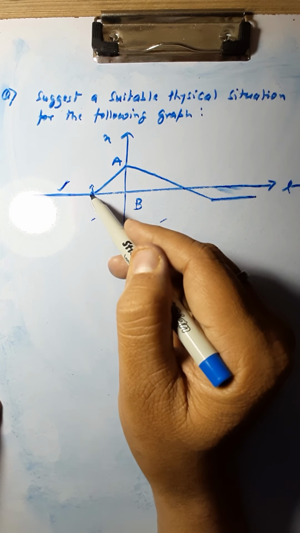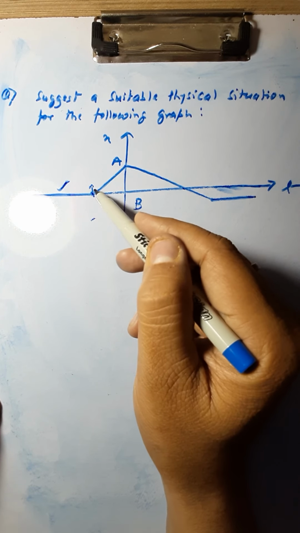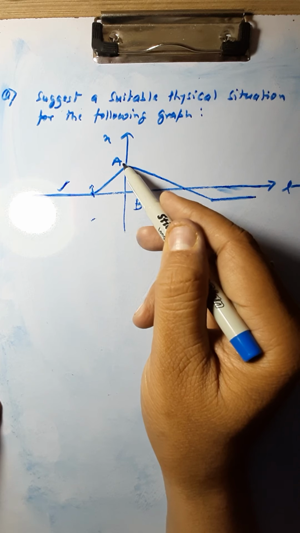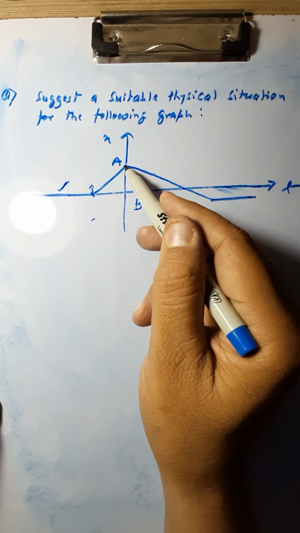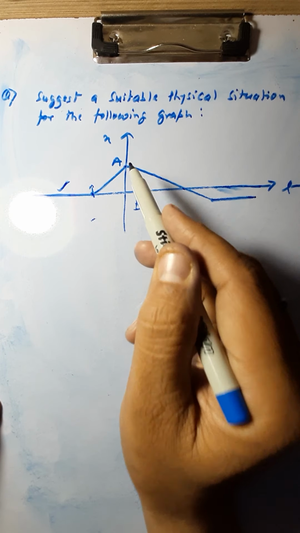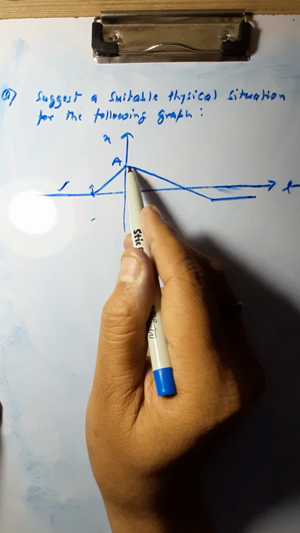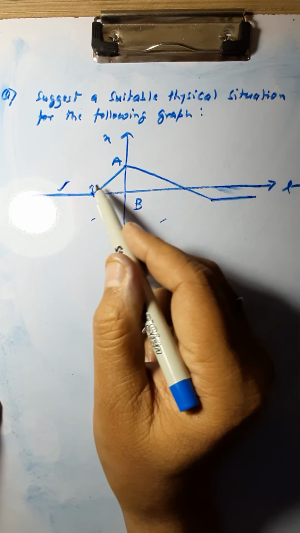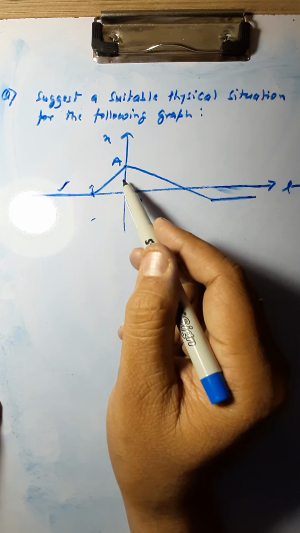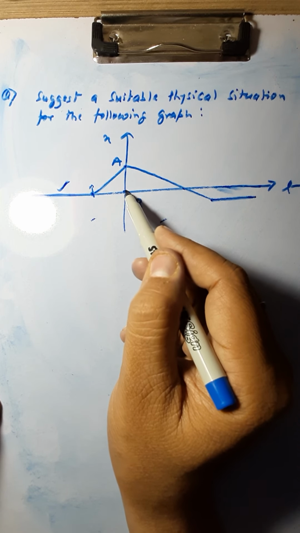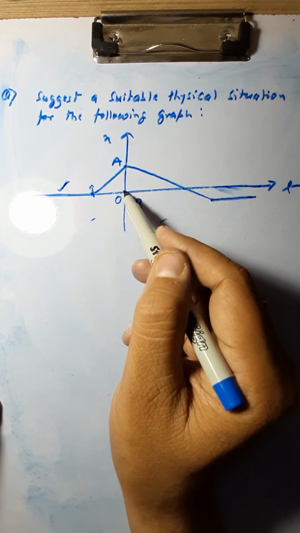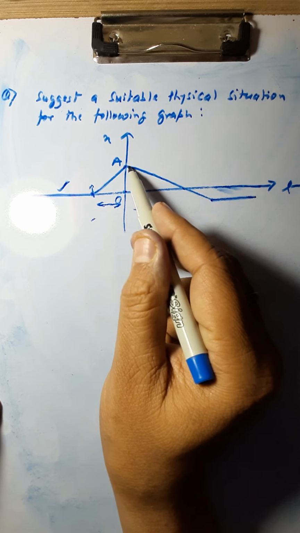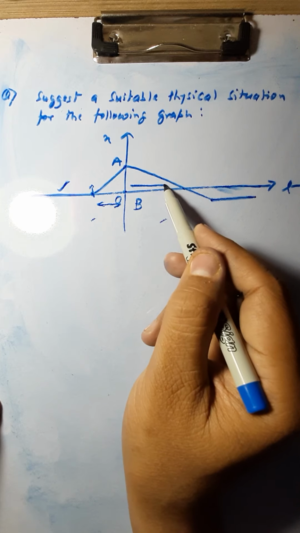After this, since it is a straight line, we would say that the particle moved with a uniform velocity until it reached point A. Then it again moved with a uniform velocity to reach point B. But one thing to notice in this graph is the time taken by the particle to move from 0 to A, and when it comes back, this is the time taken by the particle.